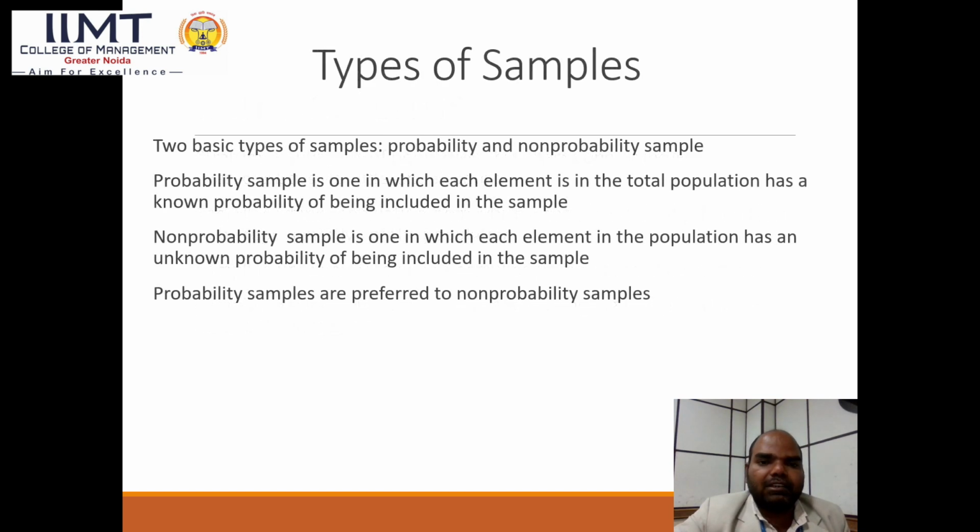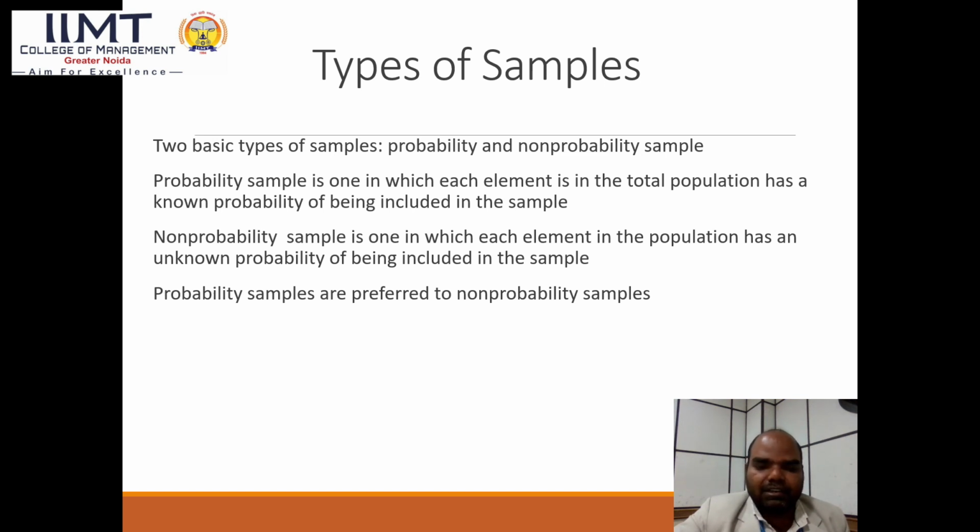And another topic is types of samples. What are the basic types? There are two basic types of sample: probability and non-probability samples. A probability sample is one in which each element in the total population has a known probability of being included in the sample.